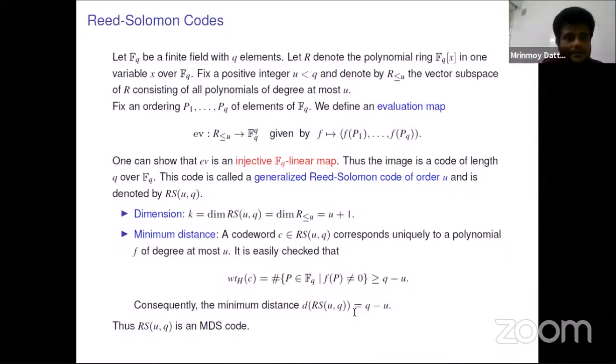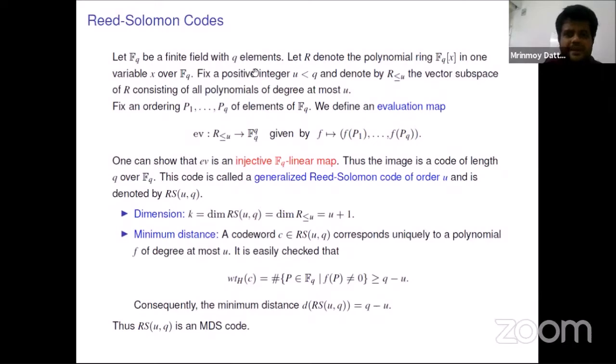So again, we assume that F_q is a finite field with q elements, and R denotes the polynomial ring F_q[x] in one variable. The variable is x, and all the polynomials have coefficients in F_q. We fix a positive integer u less than q.